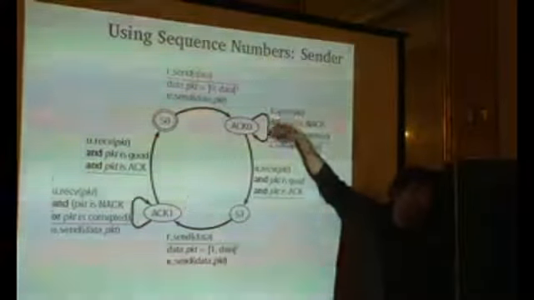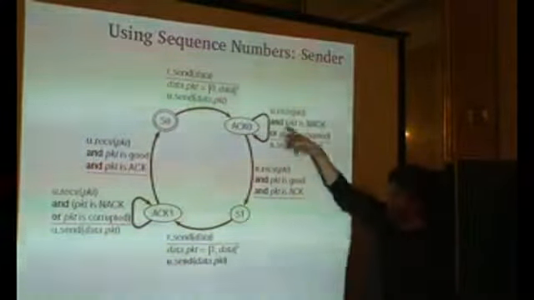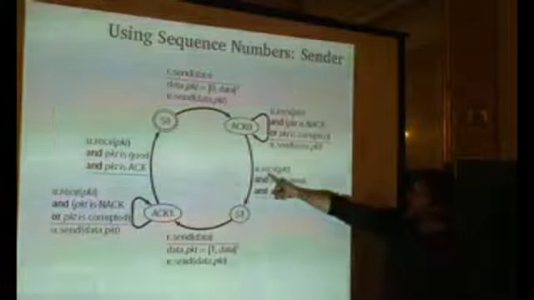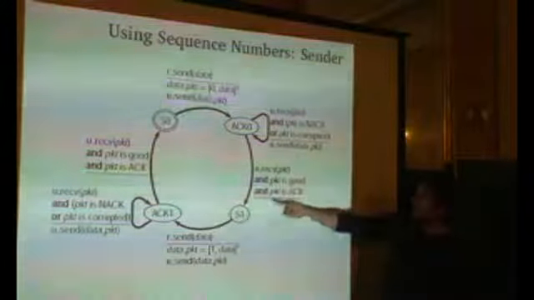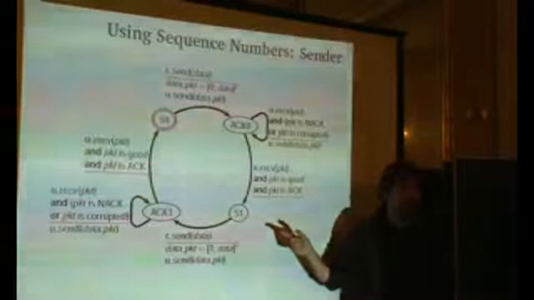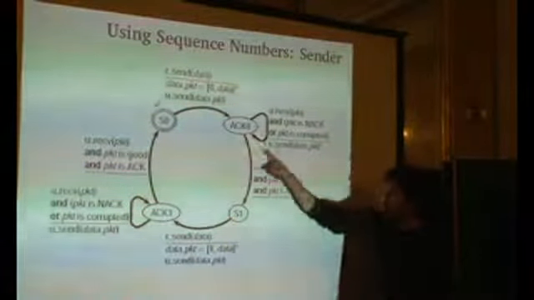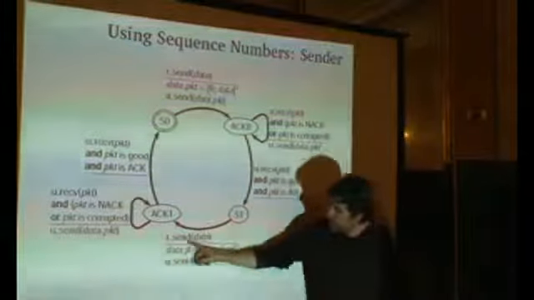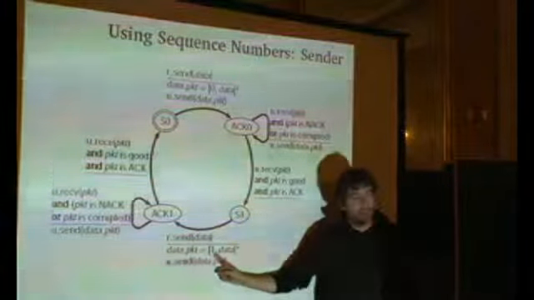If we receive a packet that is corrupted, it's okay, we resend it. And if you receive a packet that is good, and the packet is the acknowledgement, we go on to S1, where the next data is going to be produced with sequence 1.